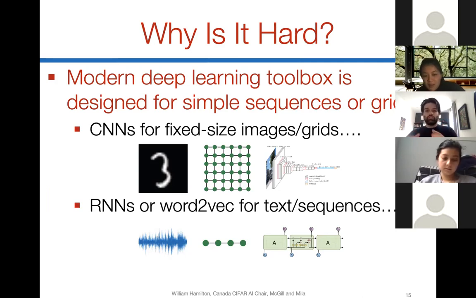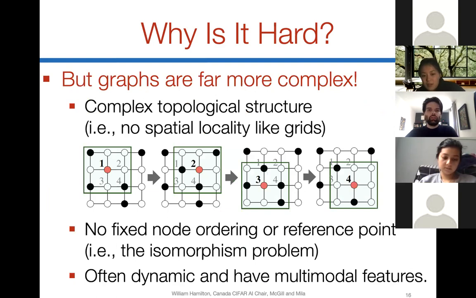And similarly, recurrent neural networks can really only work on sequences. So these techniques are very powerful, but they don't work for all graphs. They only work for a very special case of graphs.